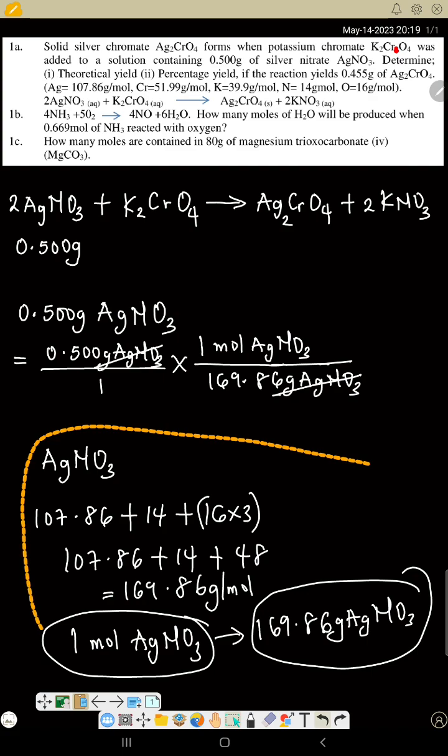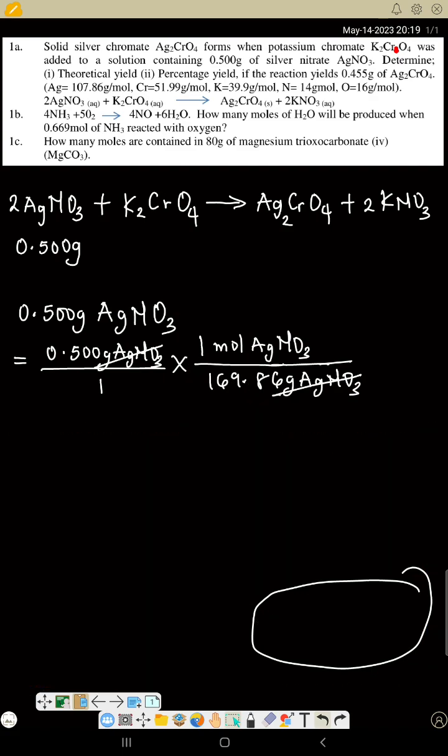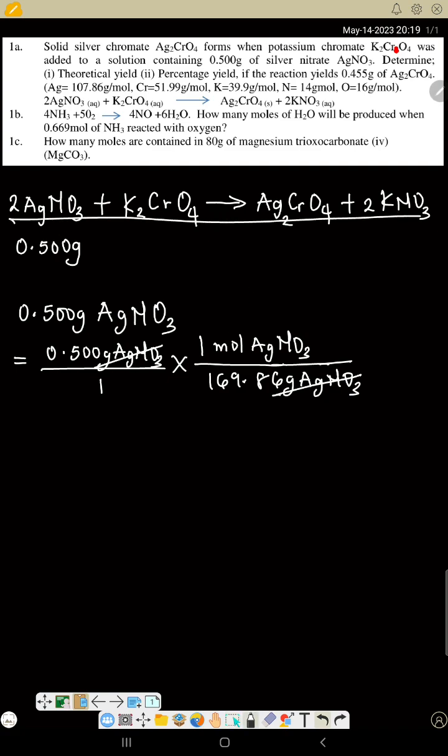Like that. And where we are actually going to is gram of silver chromate. So I'll use this balanced chemical equation to switch from silver nitrate to silver chromate.